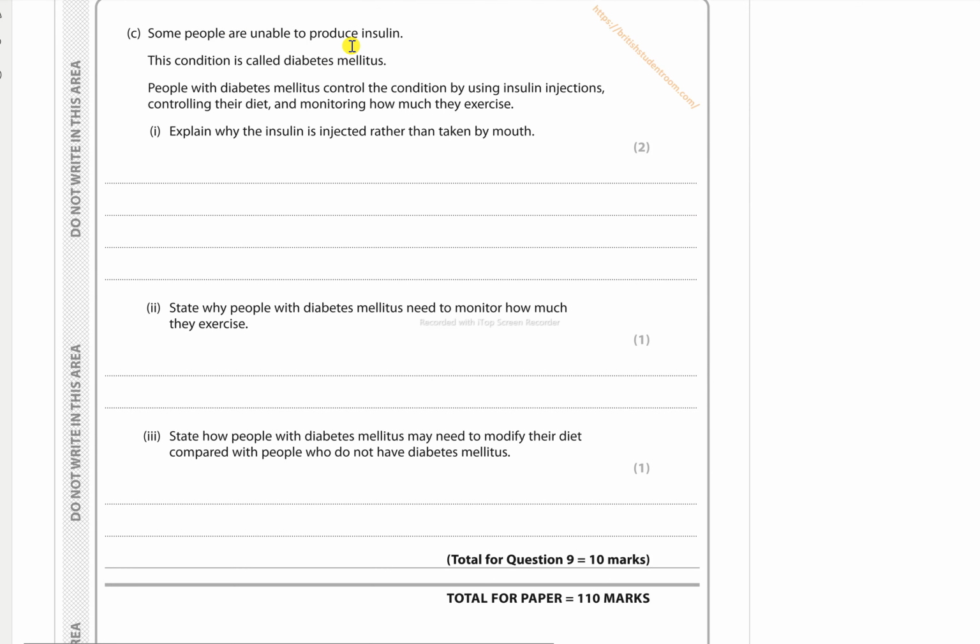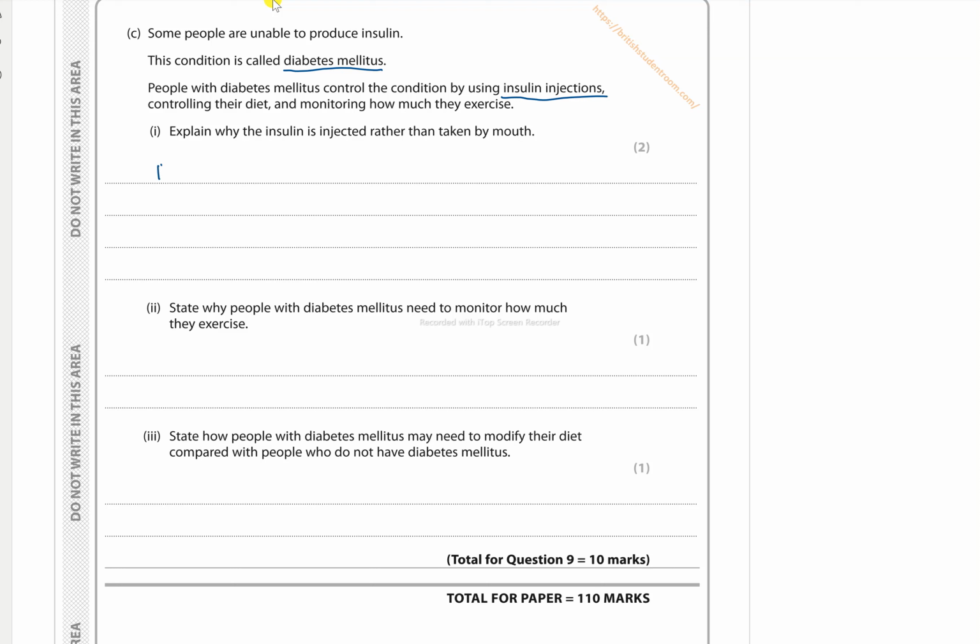Right. Some people are unable to produce insulin. This is called diabetes mellitus. People with diabetes mellitus control the condition by using insulin injections, controlling their diet, monitoring how much exercise they do. Explain why the insulin is injected rather than taken by mouth.